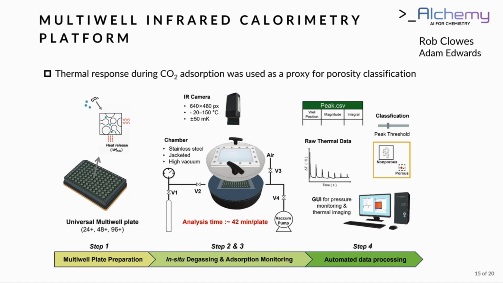When porous materials absorb the CO2, they release heat, and we can capture this thermal signal using the infrared camera. Each CO2 dosing cycle produces a thermal time series from which we can extract features such as the peak temperature, temperature change, the integrated peak area, and other absorption kinetics information.